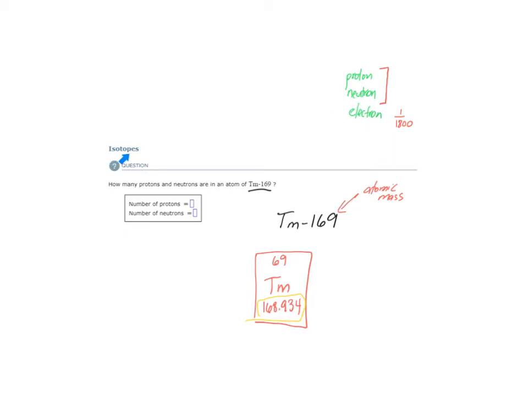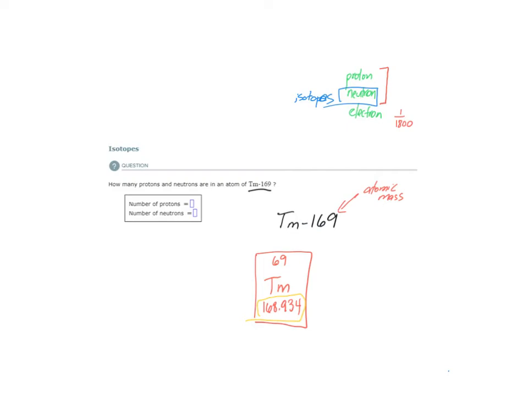That's what an isotope is: atoms of the same element with different numbers of neutrons make different isotopes. And so this is telling me that this particular isotope of thulium has an atomic mass of 169. So from this information, I could tell you how many neutrons and protons are in this atom.